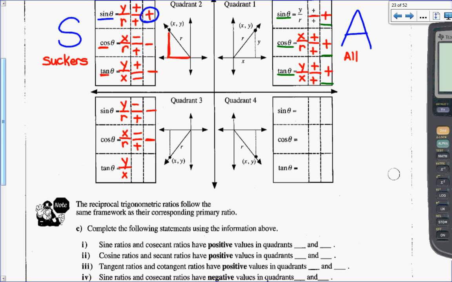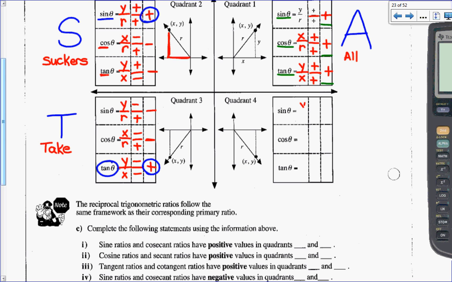Our y value's negative, our x value's negative, but a negative number over a negative number is going to give you a positive value, isn't it? So in quadrant 3, tangent will give you a positive value. Okay? Tangent of an angle will be positive in quadrant 3. Do you remember what the T stands for in our acronym? All suckers take.